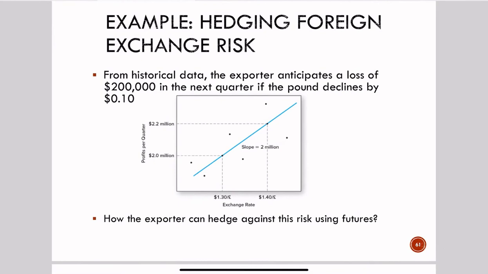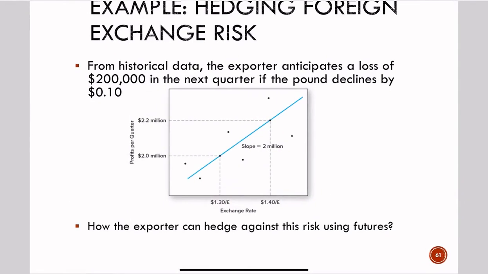Let's say from some past data, this US firm understands that if the pound declines by $0.1, then this firm will suffer a loss of $200,000, right? Now you can see that we have a little picture here that tells you how you can get this result.